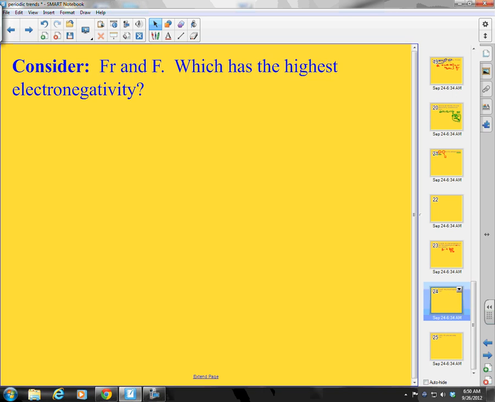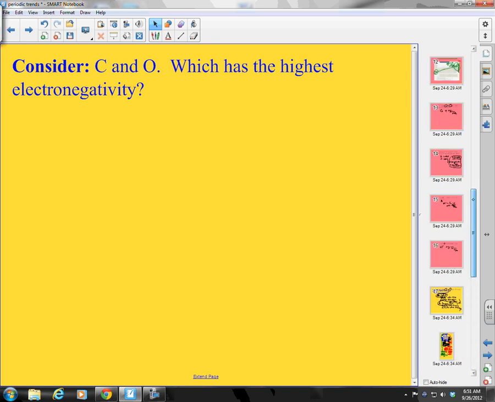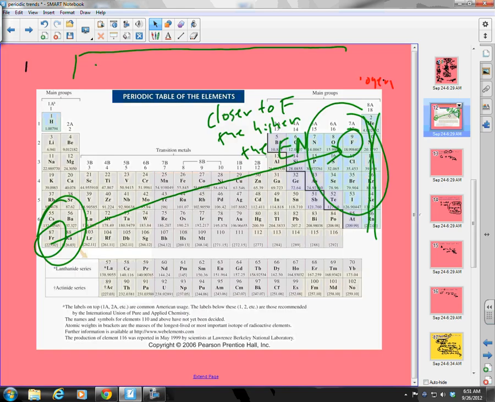Which has the highest electronegativity? You know that? It's fluorine. Fluorine wants those electrons more than anybody when it's in a bond. Good. Last question. Pause me, and when you have an answer, bring me back to live. Ooh, spooky. All right, carbon and oxygen. Let's find carbon and oxygen on here.